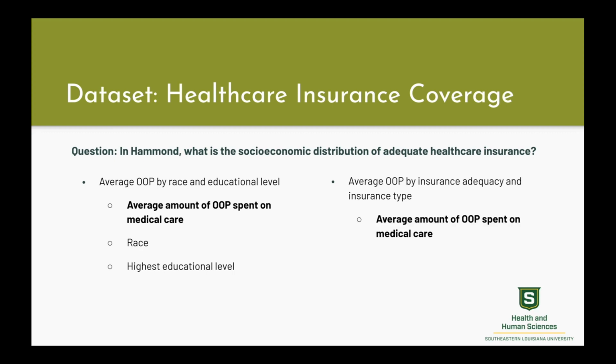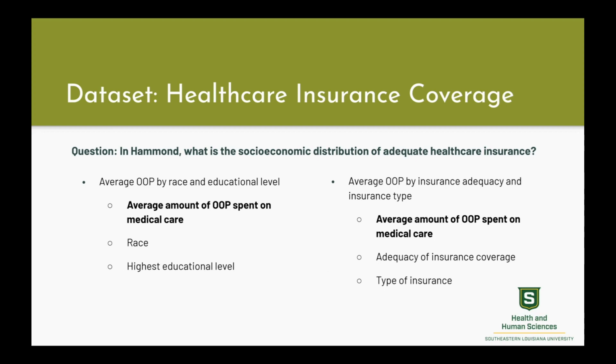So we're still using the same variable of interest, the average amount of out-of-pocket payment, but instead of race we're looking at adequacy of insurance coverage, and instead of highest educational level we're looking at type of insurance.